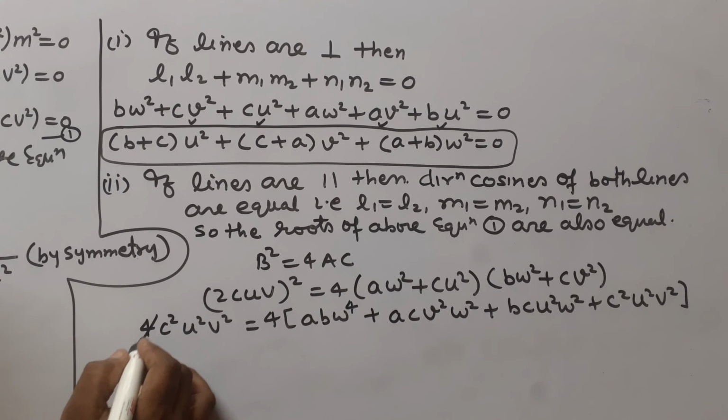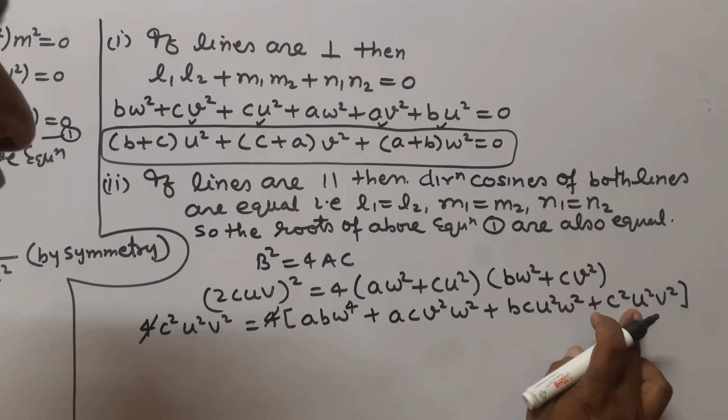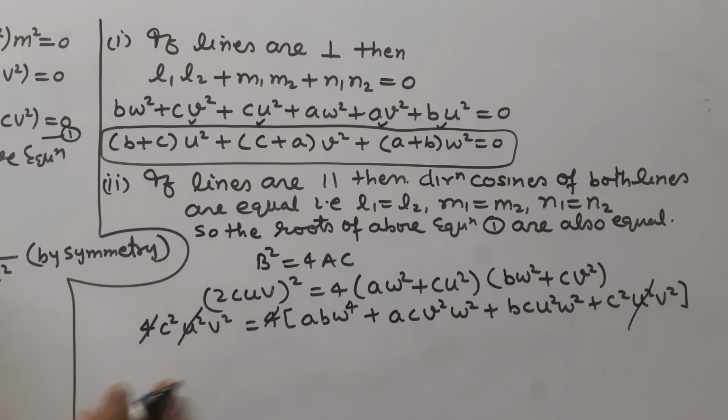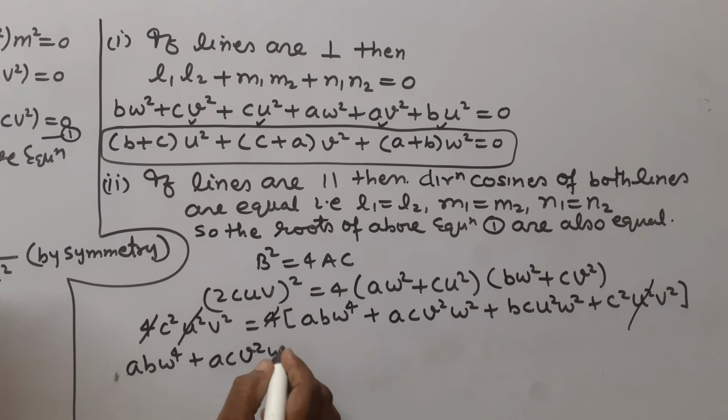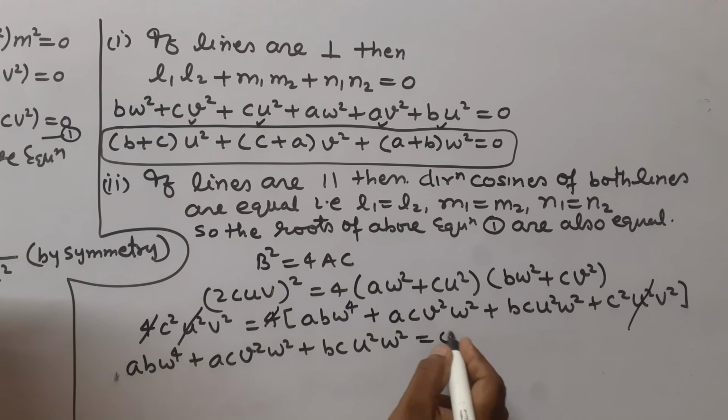Now we can see that this 4 is cancelled out, so this c square u square v square is also cancelled by this c square u square v square. Now we can write a b w to the power 4 plus ac v square w square plus bc u square w square is equal to 0.